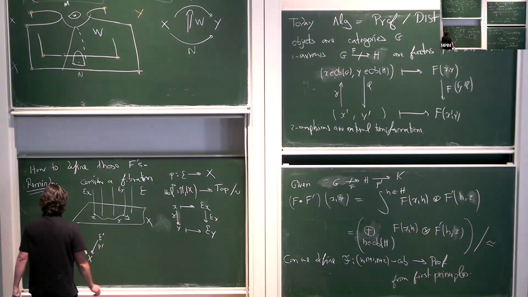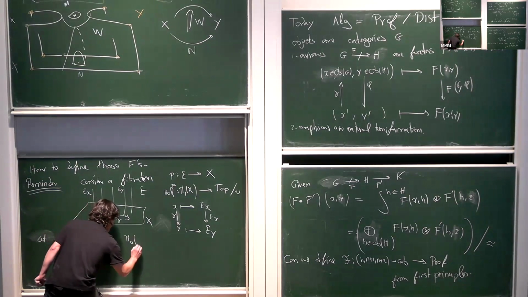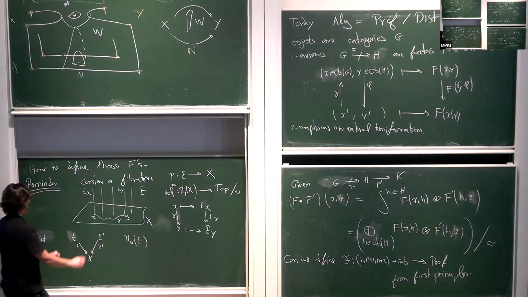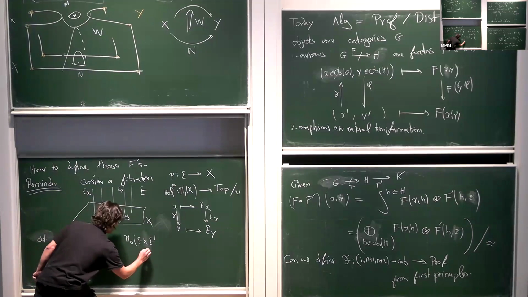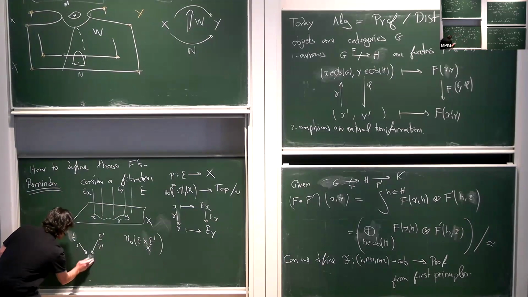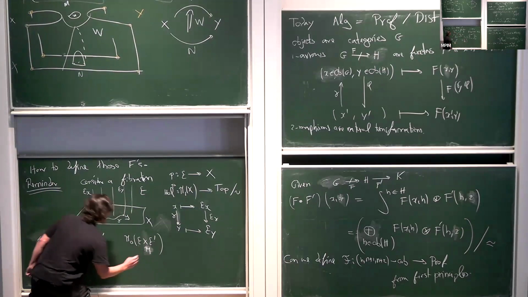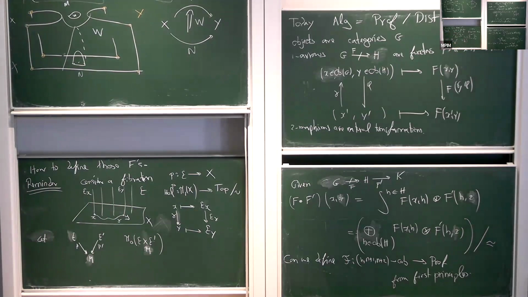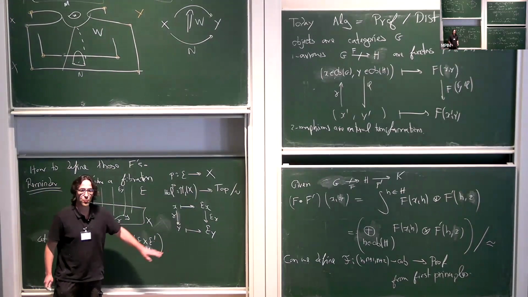And my question to all of you is: how would you compute the set of path components of the fiber product over X? So how would you compute the set of path components of this fiber product?